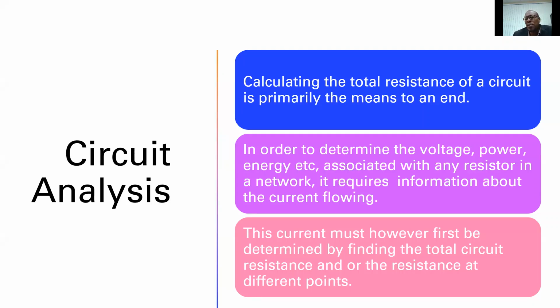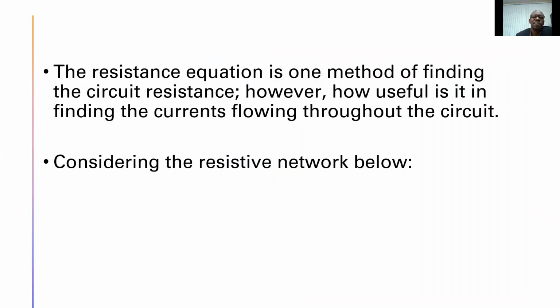In order to determine the voltage or power or energy associated with any resistor in a network, it requires information about the current flowing through that resistor. This current must, however, be first determined by finding the total resistance of the circuit or the resistance at different points or sections in the circuit.